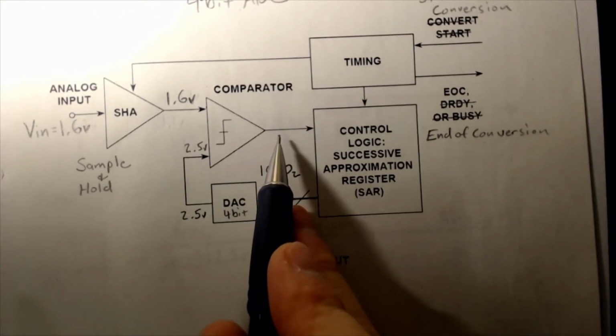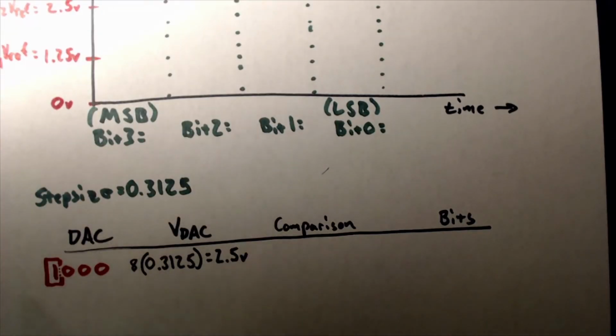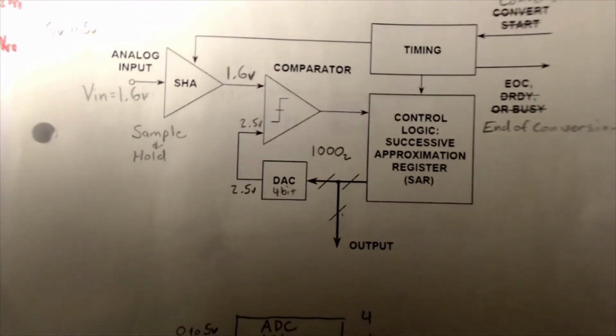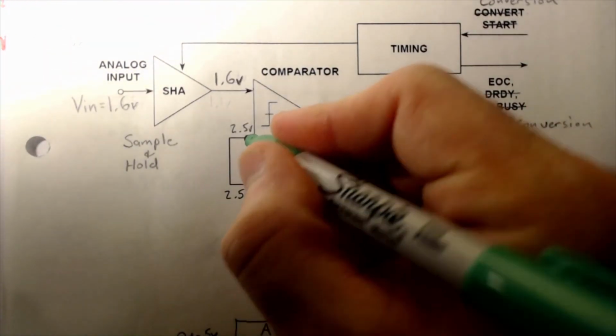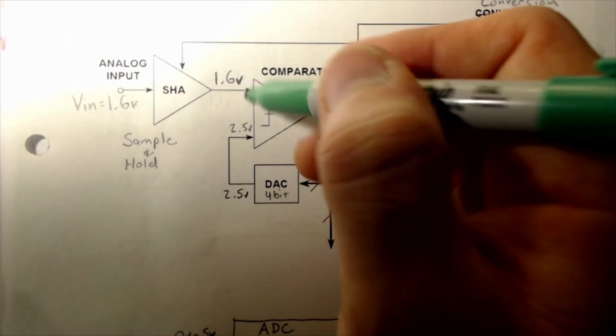So now we're going to look at the result of this comparison. We're comparing VDAC to VIN. VIN is less than VDAC.